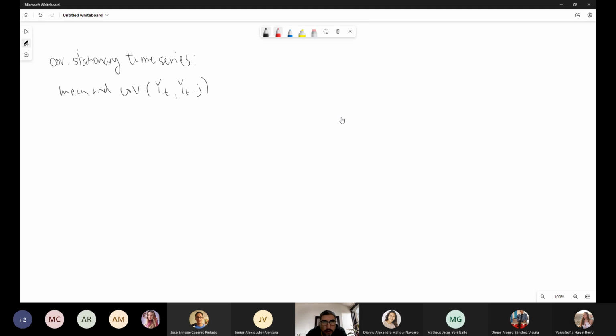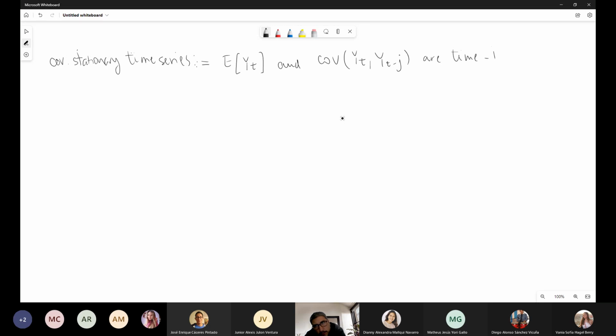In this case, mean. We put it in terms of formulas. And mean and the covariance between yt and yt minus j are time invariant.